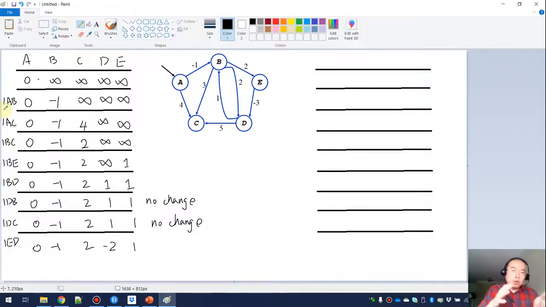So if you want to continue the next round, you have to do the 2AB, you have to visit the AB again, and 2AC, and 2BC, etc. Okay, so we have only done the first pass on the left side. We have to do the same process for a total of 4 rounds, and this will guarantee that we will find the shortest path for all the nodes from A.